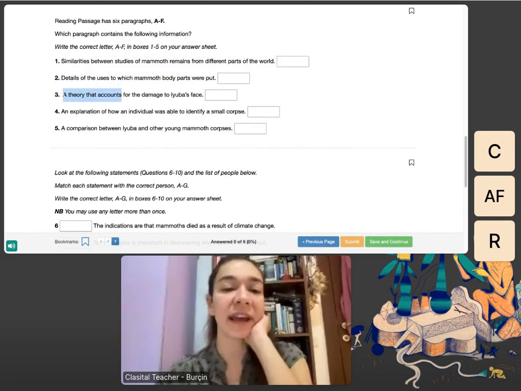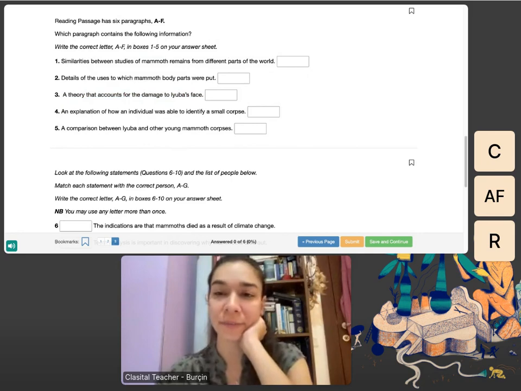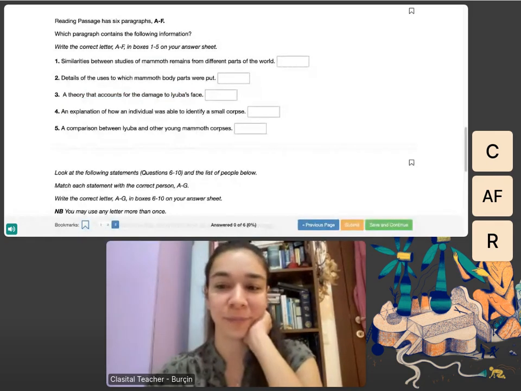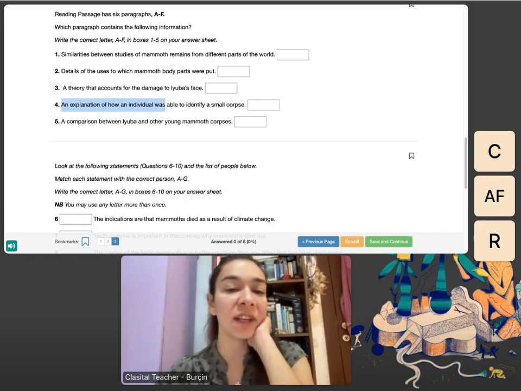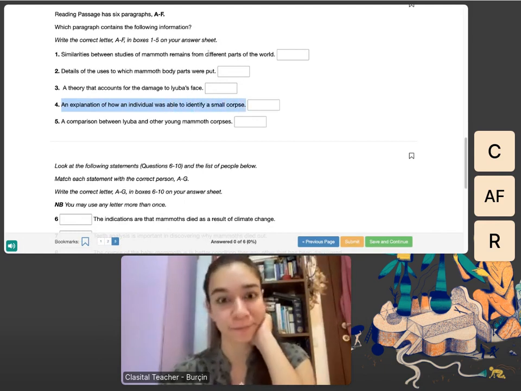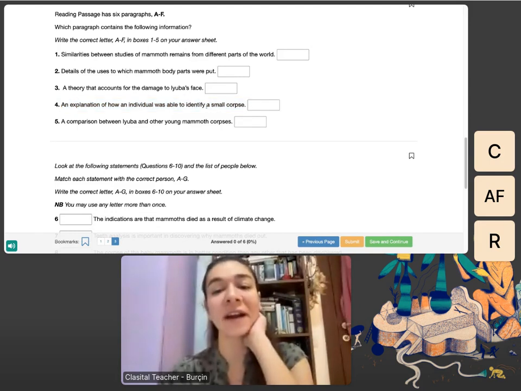3. A theory that accounts for the damage to Luluba's face. I think Luluba is the name of our mammoth. 4. An explanation of how an individual was able to identify a small corpse. A small corpse, I think they are mentioning our baby mammoth.